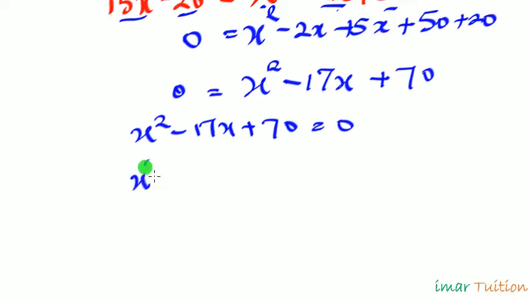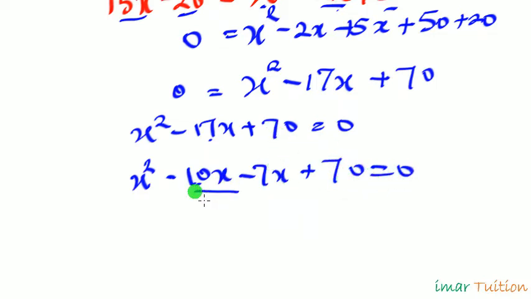What comes to your mind? 7 and 10 can do that. So if we replace with minus 10x minus 7x, minus 10x minus 7x will give you minus 17x. 7 times 10 will also give you 70. So we replace the 17x with that value.